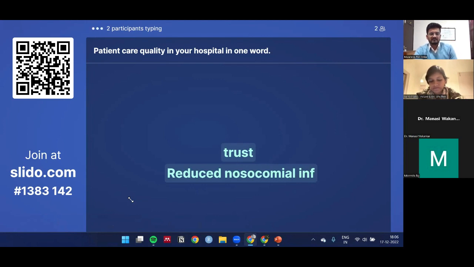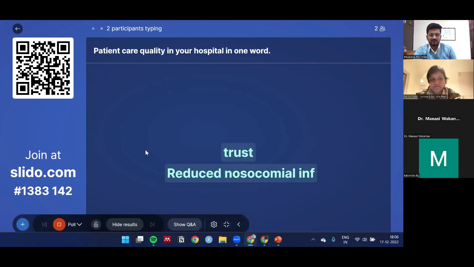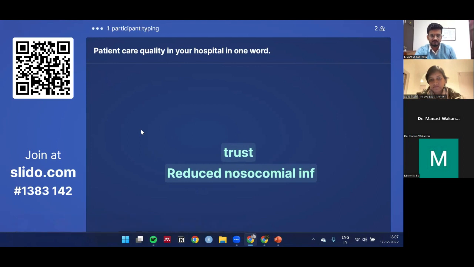For people who have just joined, kindly scan this QR code and just answer this question. What comes to your mind when you hear patient care quality?